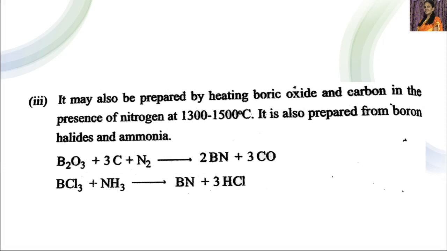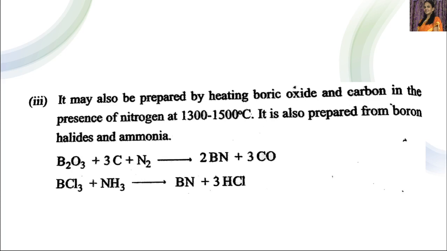Next preparation. It may also be prepared by heating boric oxide and carbon in the presence of nitrogen at about 1300 to 1500 degrees centigrade. It is also prepared from boron halides and ammonia. So two preparations are here.